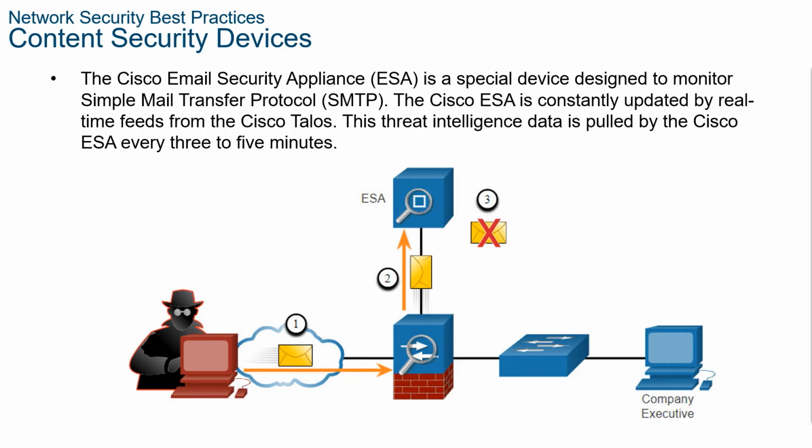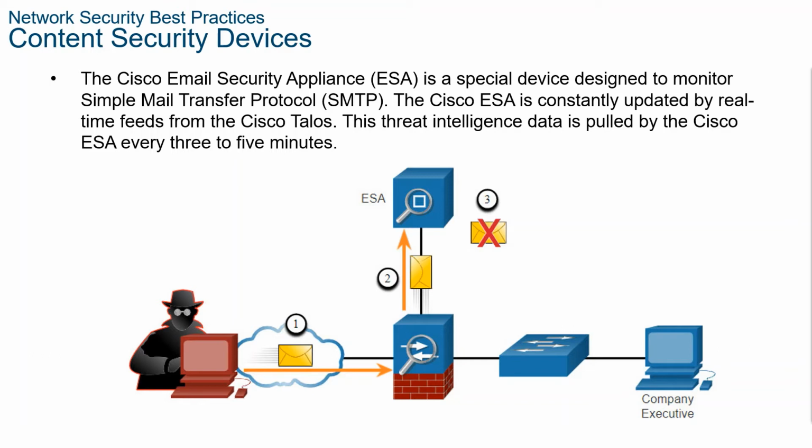The ESA is constantly updated by real-time feeds from the Cisco Talos, which detects and correlates threats and solutions by using a worldwide database monitoring system. This threat intelligence data is pulled by the Cisco ESA every 3 to 5 minutes.